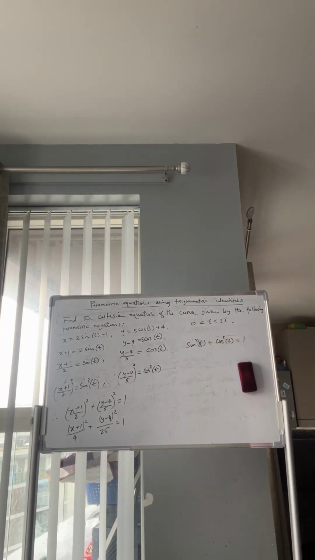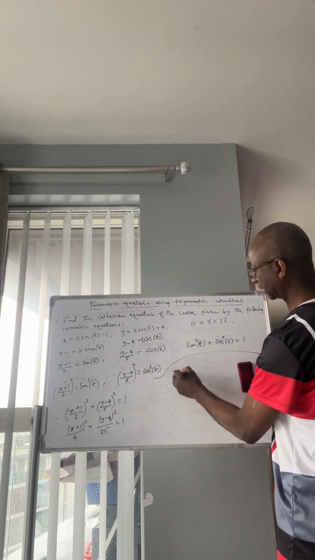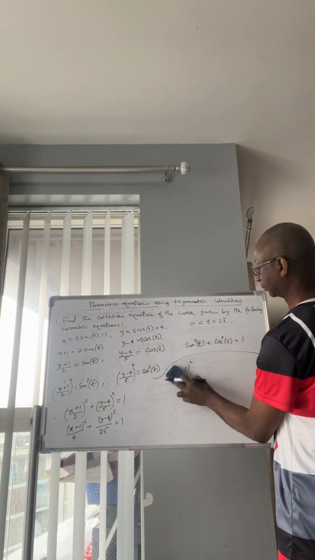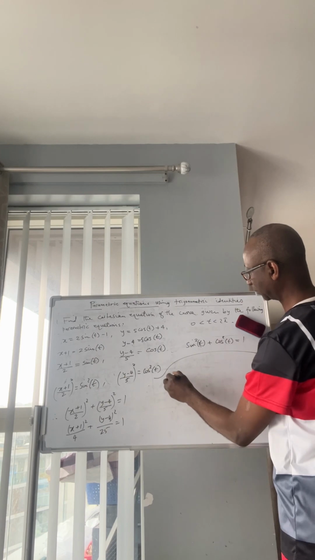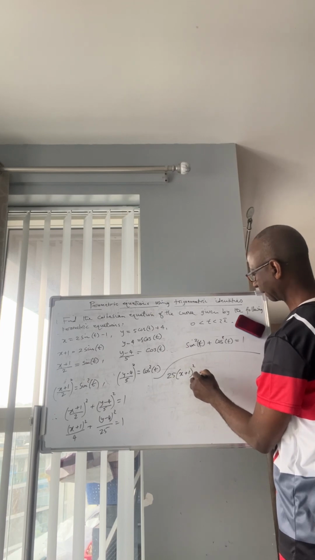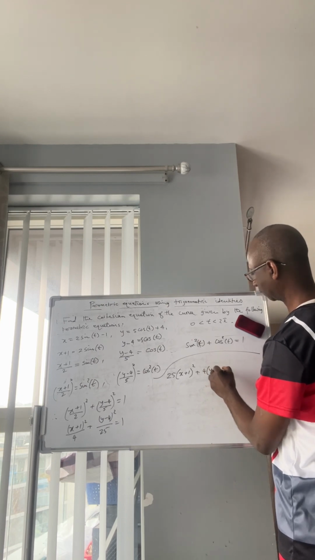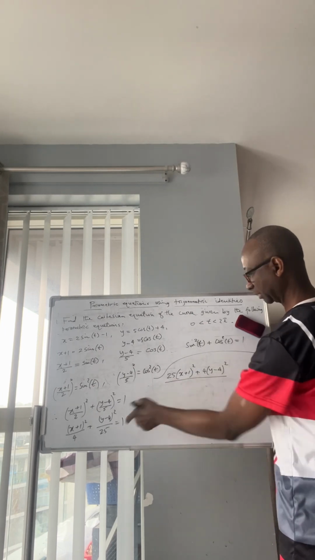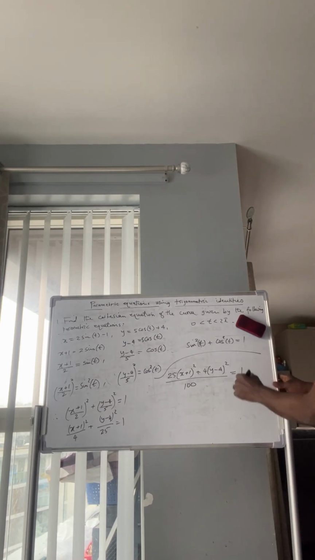Find the LCM. You know what to do from there. So you now have 25 into x plus 1 squared plus 4 into y minus 4 squared equals 100.